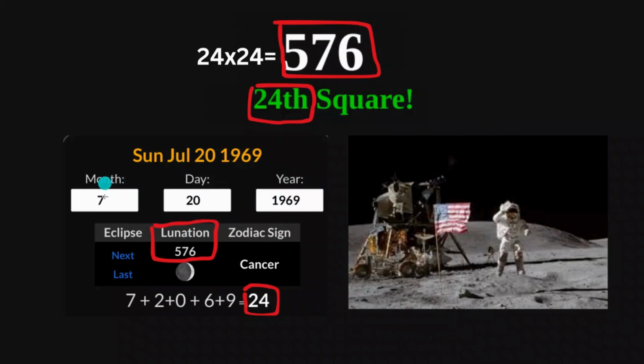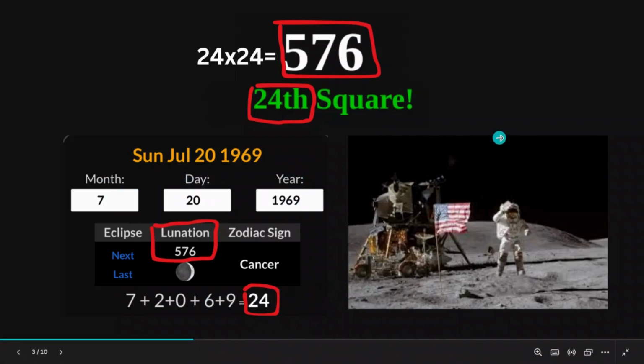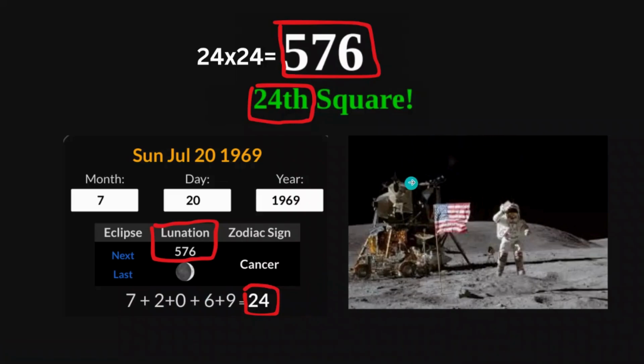If you add those numbers up, 7 plus 2 plus 0 plus 6 plus 9, it equals 24. So the first thing you should think is, okay, what's up with this 24? Because not only is the lunation leading you to 24 times 24, but the date numerology has the 24. Okay? And I'm going to show you why the 24 is so important here.